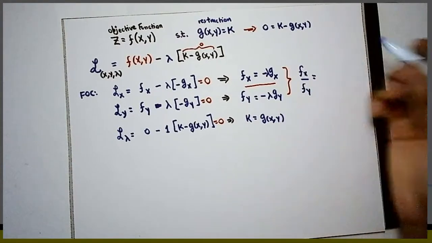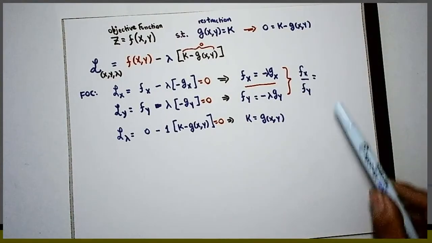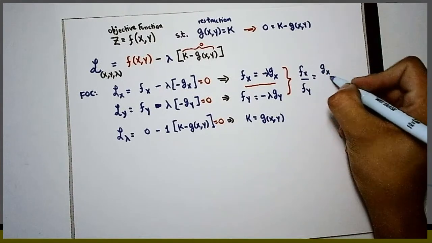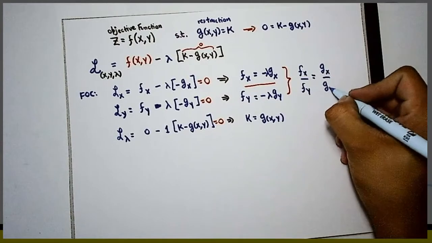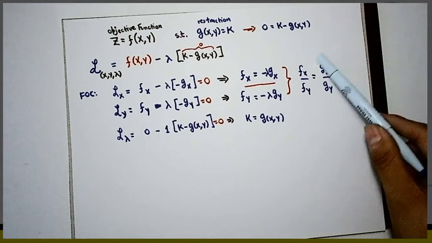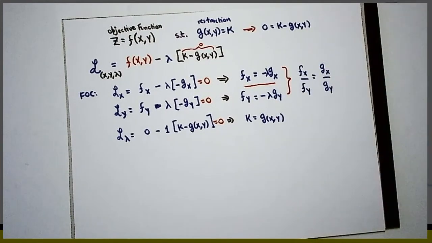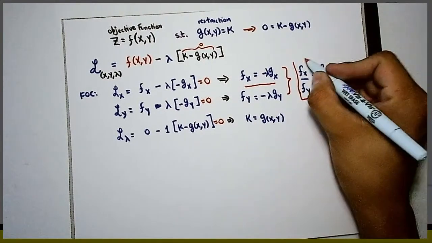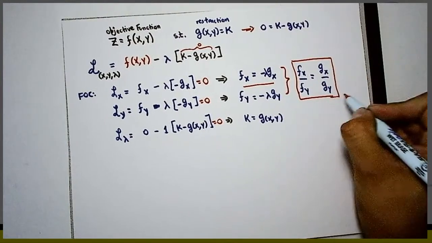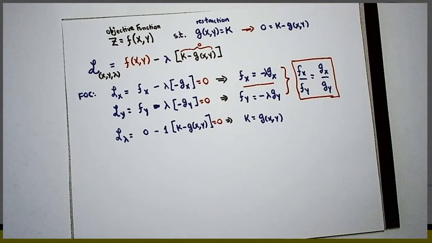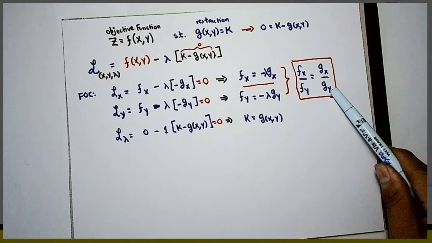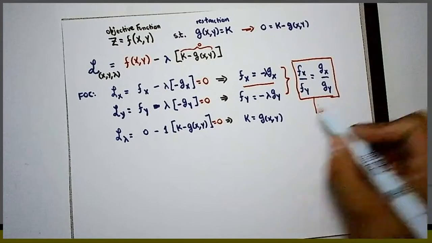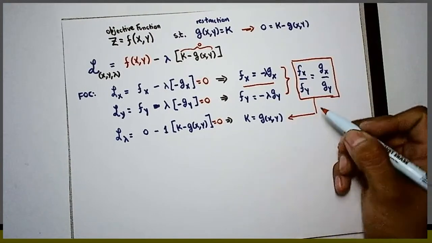The ratio between the partial derivatives will be equal to the ratio of the partial derivatives with respect to the restriction. So this is very important because with that relationship, we will get the relationship between x and y that later on we will need to insert in the third equation.